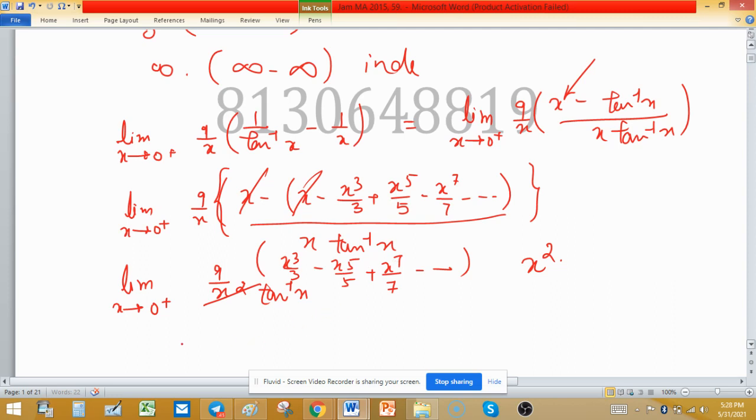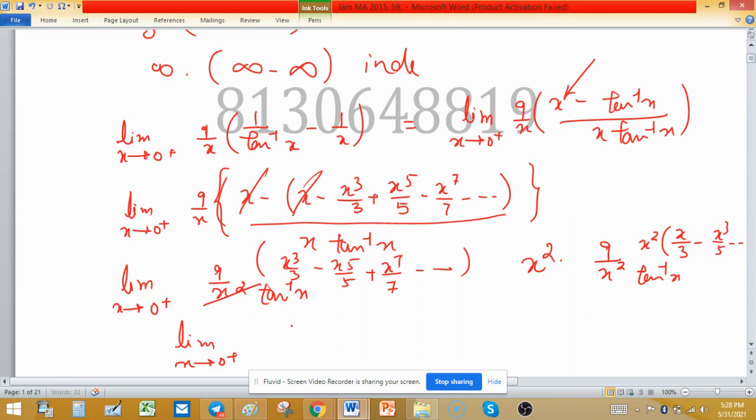So we have limit x tends to 0 positive. You can understand here, we can write 9 upon x square tan inverse x, and with x square as common, x upon 3 minus x raised to the power 3 upon 5, and so on.